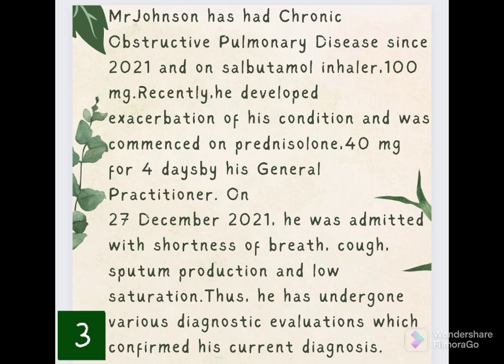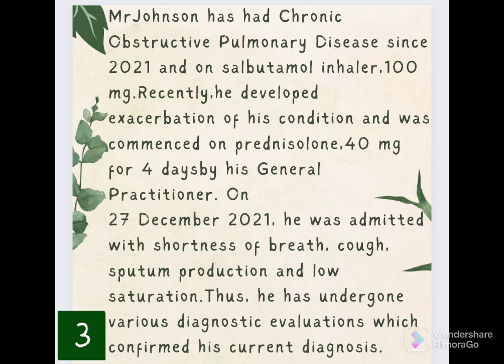Then our things start with 27. On 27 December 2021, he was admitted with shortness of breath, cough, sputum production and low saturation. Thus, he has undergone various diagnostic evaluations which confirmed his current diagnosis. So we will just write in brief, no need to write completely.